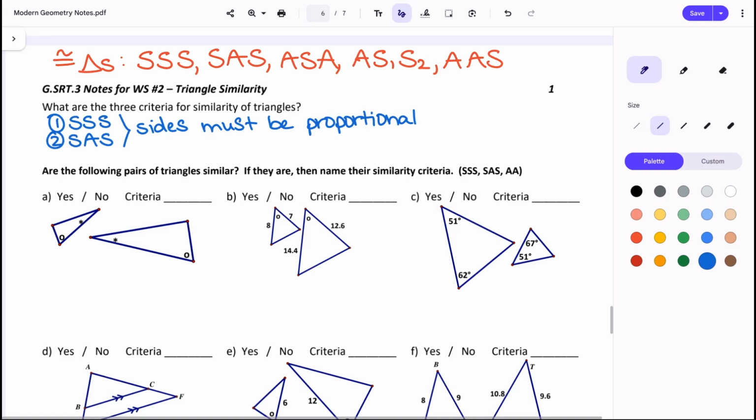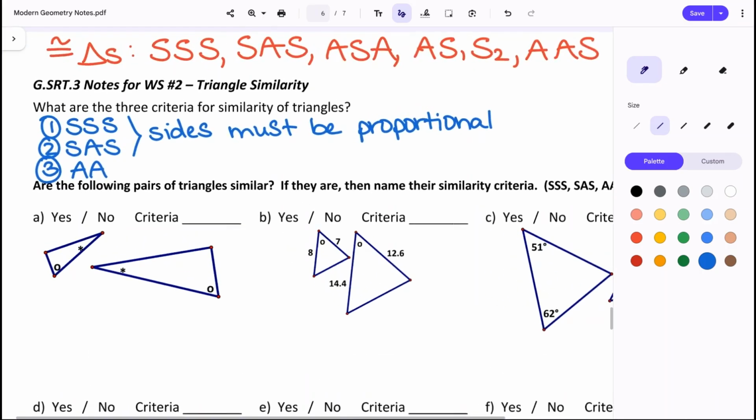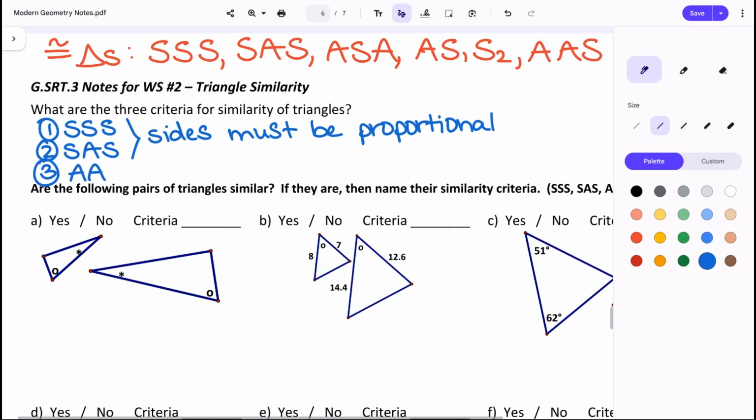Now, the third test, and this is the one that I said we were not able to use, so it's not in that list up above for congruent triangles, but it does work for similar triangles, is angle, angle. So let's talk about why it's angle, angle, and it's not 3 angles or just 1 angle.